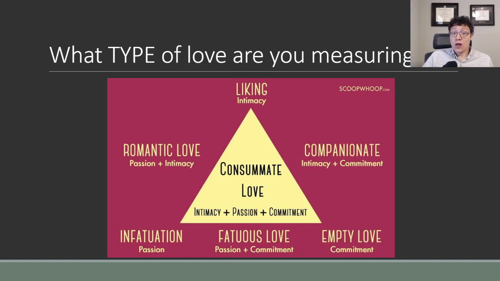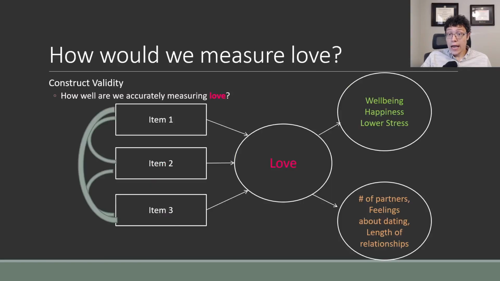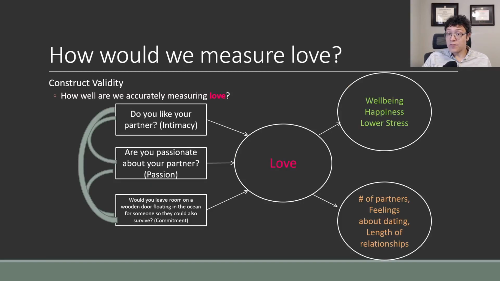One way we can measure love is through three types of love: liking, passion, and commitment towards one another. If we wanted to measure love, we might ask different types of questions related to intimacy, passion, and commitment to help us make sure we cover the construct of love.